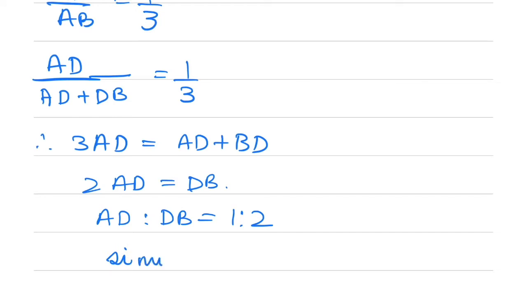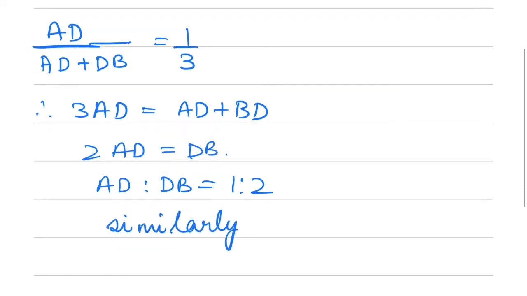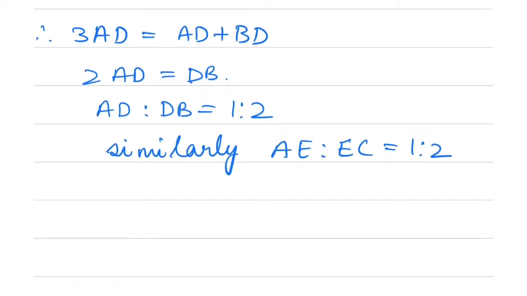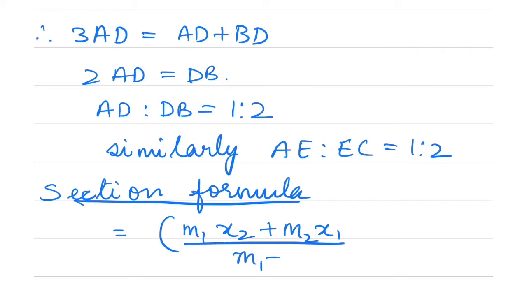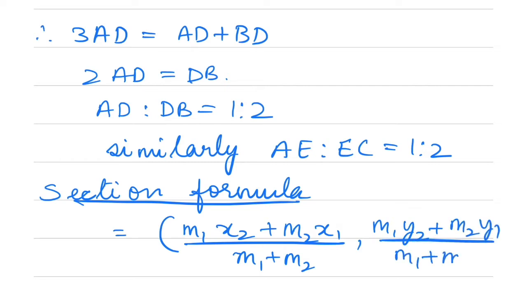Similarly, we have the ratio AE to EC also equal to 1:2. So now we can use the section formula to find the coordinates of D and E. The section formula is (m1 x2 plus m2 x1) by (m1 plus m2) and (m1 y2 plus m2 y1) by (m1 plus m2).